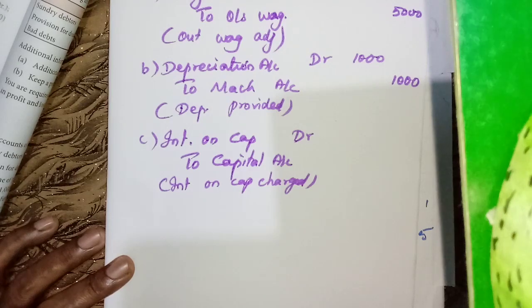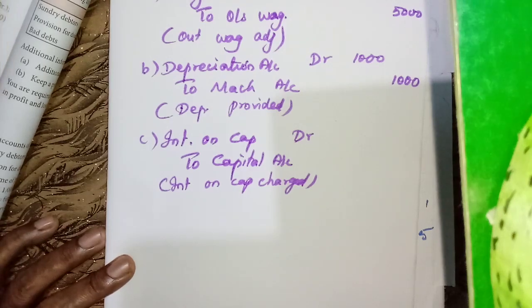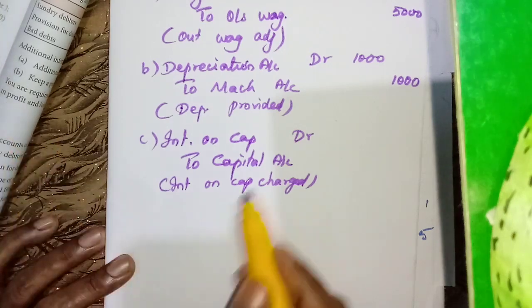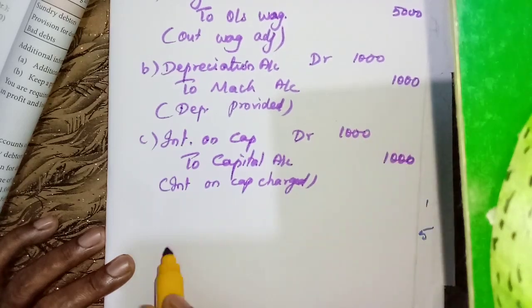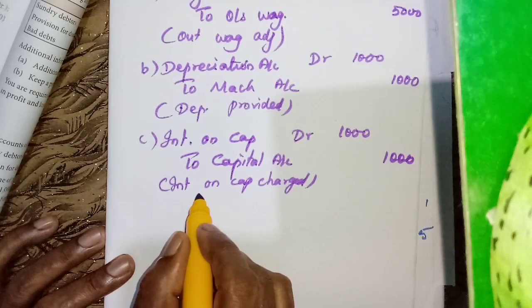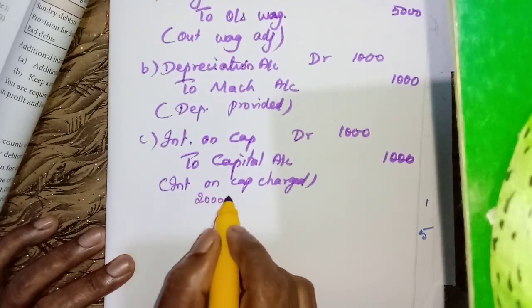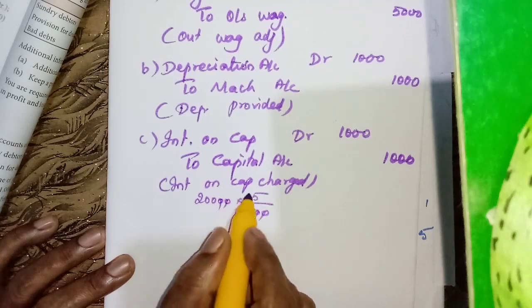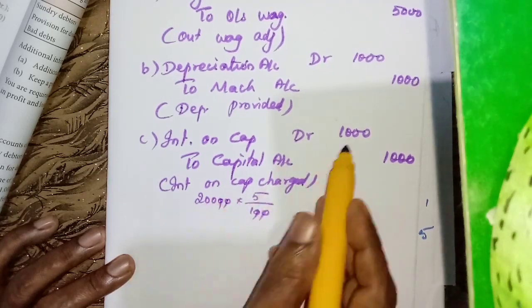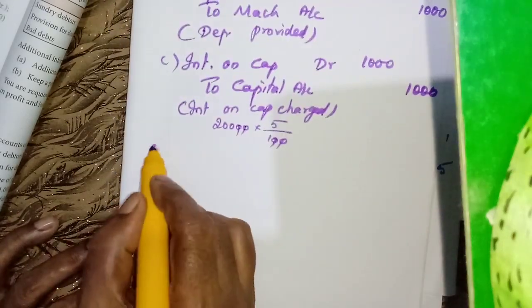If it is 10%, okay, 2,000. So 5%, 1,000. Otherwise you have to calculate. Okay, how? 20,000 into 5 by 100. 2 5s are 10, balance 2 0. Okay, 1,000 we will get.